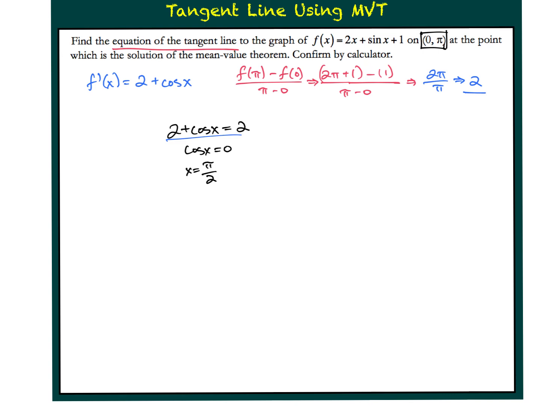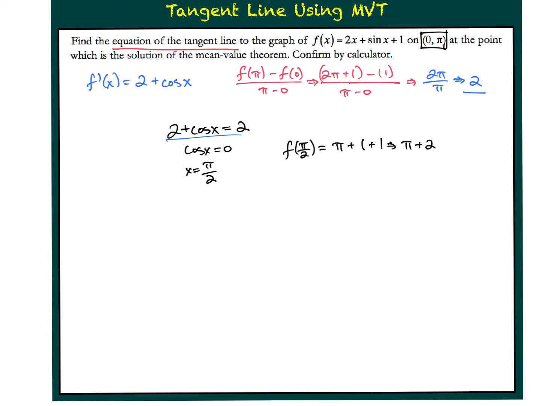So do I have a point, though? No. So let's substitute it back in. Which one do we substitute back in? The original. So 2 times pi over 2 is pi, plus, what is the sine of pi over 2? 1. Plus 1. So my point is pi over 2 comma pi plus 2.